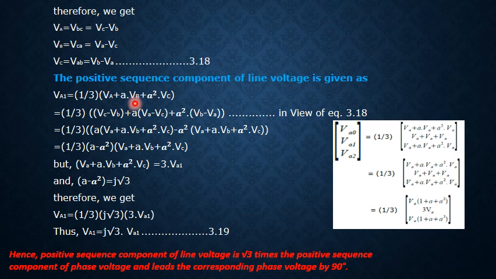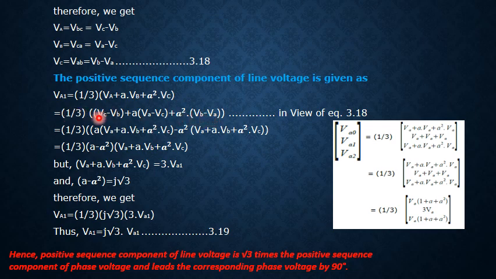The line voltage VB, in terms of phase voltage, will be equal to VA minus VC, plus A square into the line voltage VC, which from our previous equation was VB minus VA. So instead of writing line voltage, I am going to represent it in phase voltages like this.